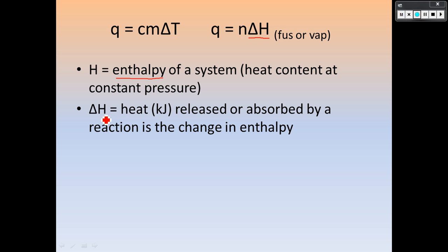Delta meaning change, H meaning enthalpy, so delta H is the change in enthalpy. And Q, which is heat, the energy transferred between two systems, or within a system, equals delta H. So you can use those two terms equally. You could say the enthalpy change, or you could say the heat.